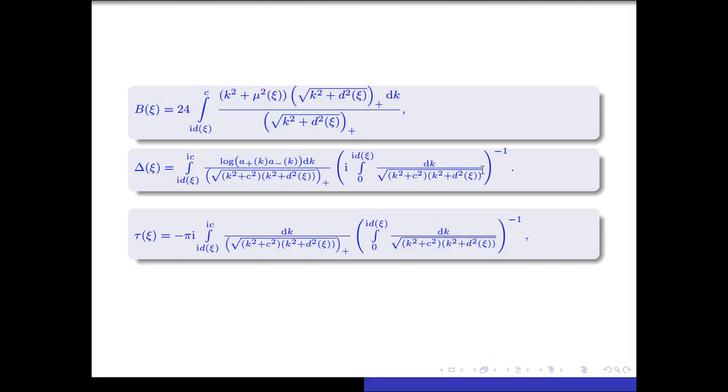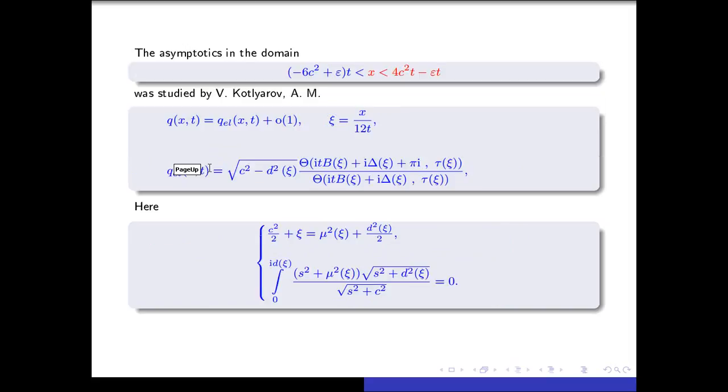And again, we see that the influence of the exact form of the initial profile is presented here only in this quantity delta, and that's all. So we can say that it's relatively small compared to the influence of this background constant c and 0.